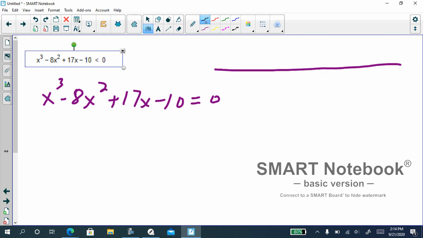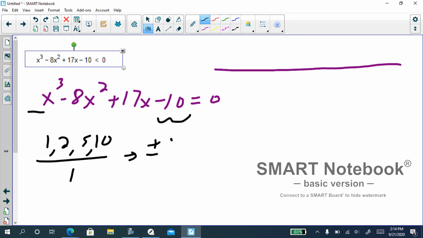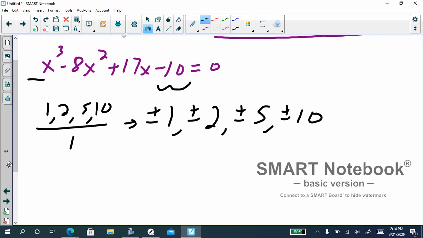So to find out what potential numbers we should even try, we need factors of 10 divided by factors of the leading coefficient. So we get plus or minus 1 over 1, 2 over 1, 5 over 1, and 10 over 1. So those are our potential rational zeros.